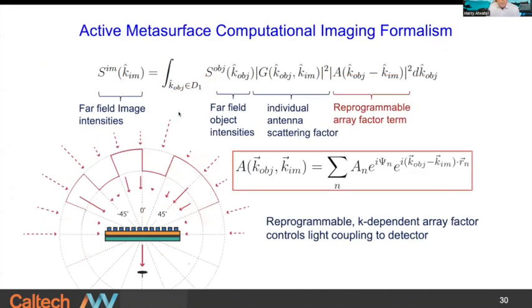So the primary mathematical concept here is that the image is represented as a convolution of the far field scattered object intensities with the antenna scattering factors of each individual antenna and a reprogrammable array factor. Of course, in an active metasurface, in principle, we can reprogram each element of the array. And that allows us to produce effectively an angular apertured field of view with complex angular aperture patterns with various configurations.